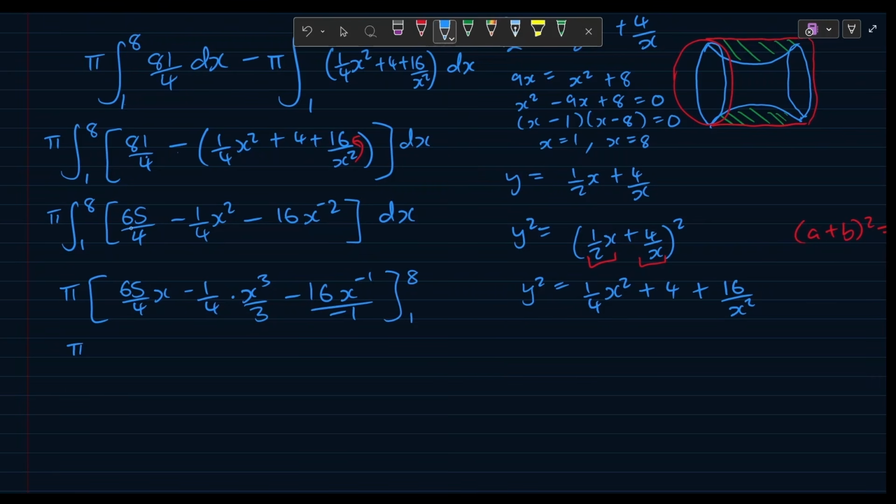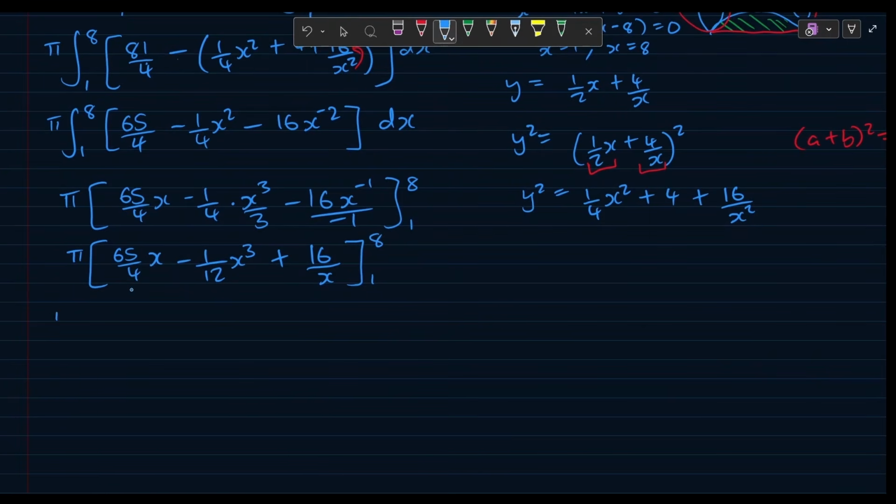So let's simplify this. Got 65 over 4 x, and then minus a quarter times x cubed over 3, so that becomes minus 1 over 12 x cubed. And then here I've got a positive, that is 16 x to the negative 1. I'll just take the x back down, and it becomes 16 over x. That's from 1 to 8.